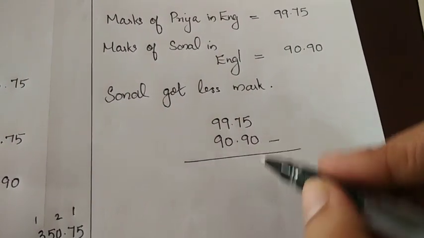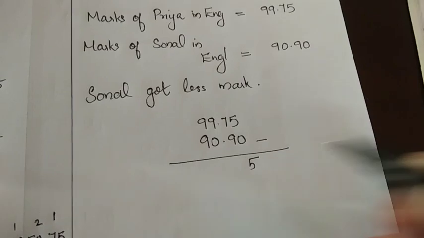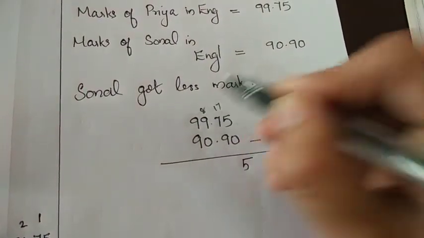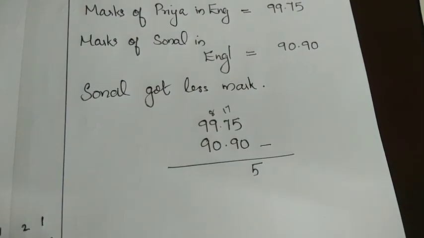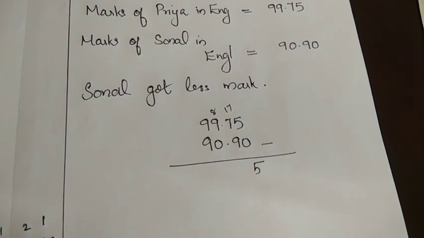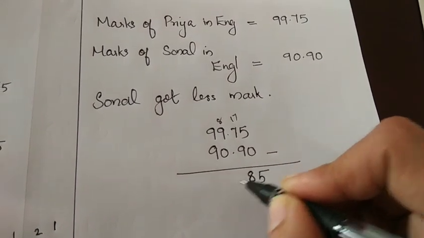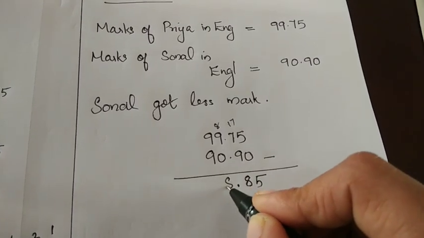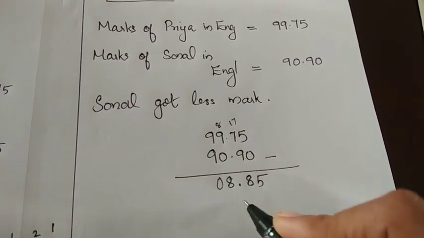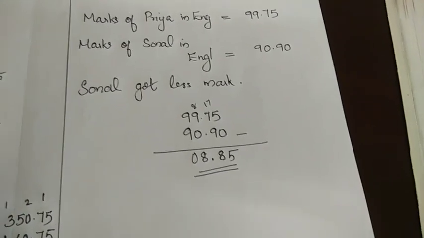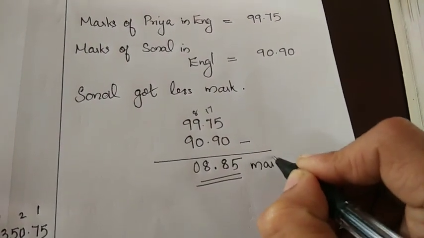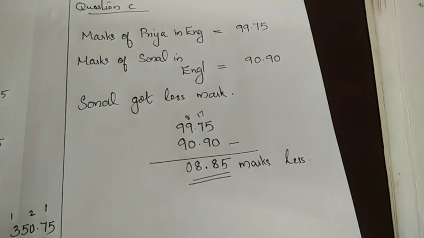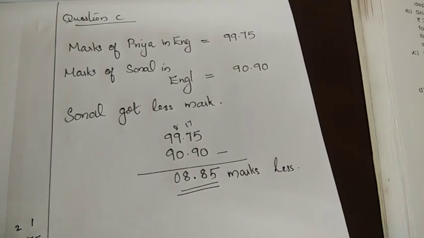Okay, so 5 minus 0, 5, not 0. Then 7 minus 9, not possible, so borrow. 17 minus 9. So you will get 8. Now decimal. 8 minus 0, 8. 9 minus 9, 0. How much less? 8.85 marks less. Did you understand, children? So like this we can solve question number C.